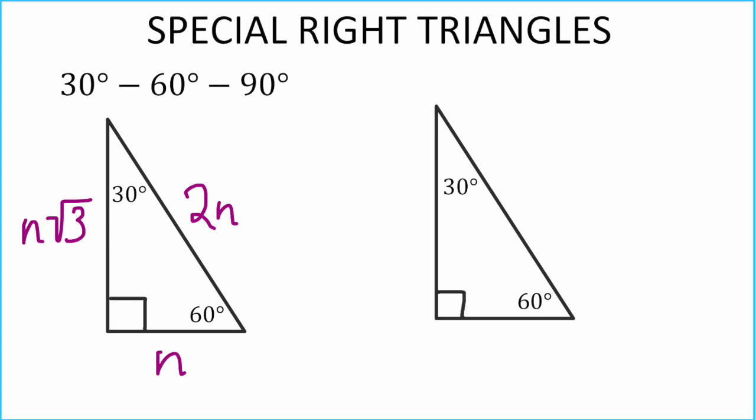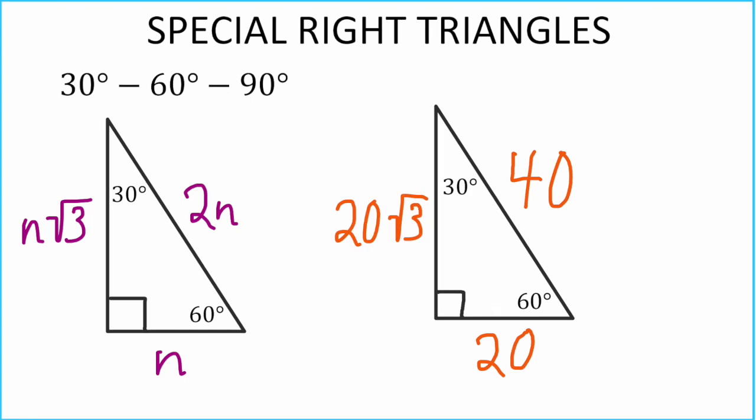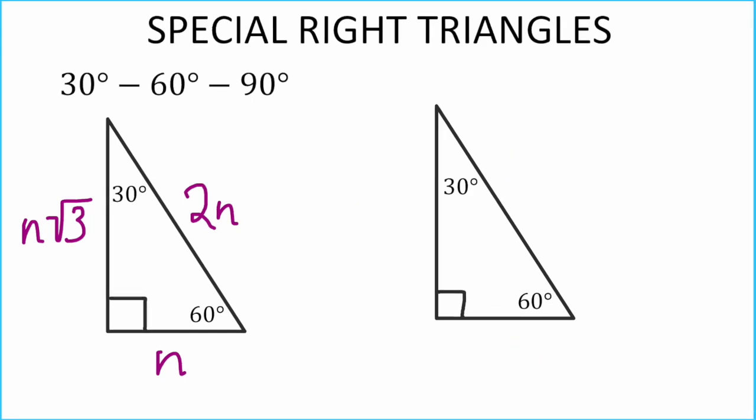What if I give you the hypotenuse is 40? So if 2n equals 40, that means n would be just 20. So our short leg is 20. Once you have the short leg, it's easy to find the long leg by just multiplying by radical 3. So the long leg is 20 radical 3. Try another one.